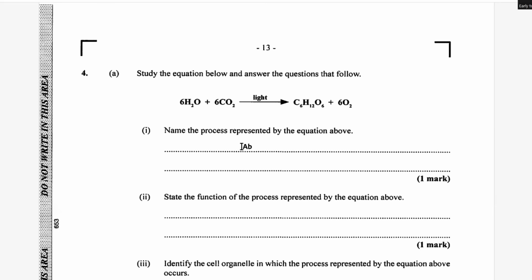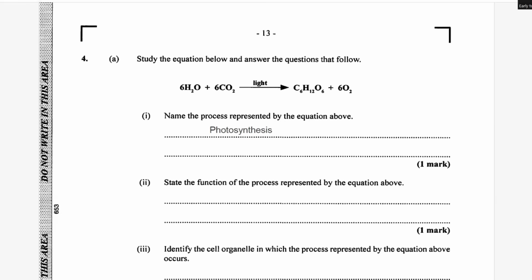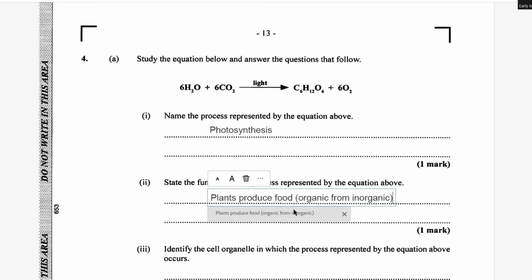Name the process represented by the equation above. Yeah, photosynthesis. 1 mark. State the function of the process represented by the equation above. And we know this is how plants produce their food. All right, the plants producing glucose, which will be stored as starch.